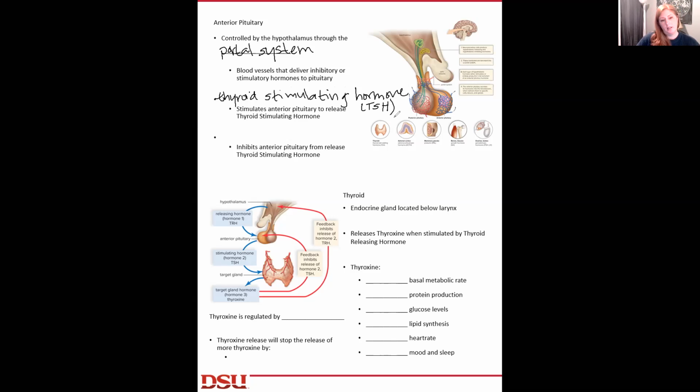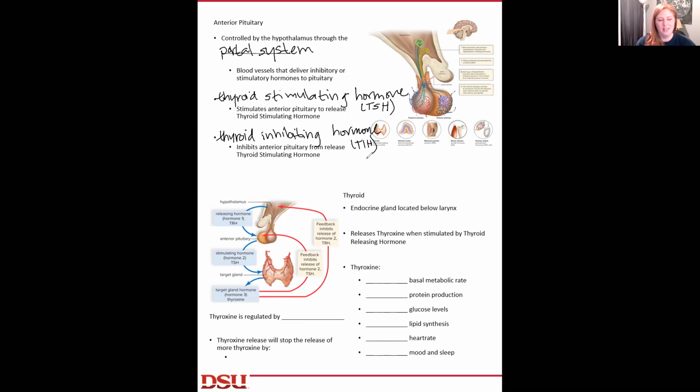So you've got a thyroid stimulating hormone, but you also have a thyroid inhibiting hormone, which does the complete opposite. It keeps the pituitary from sending the signal that the thyroid needs to ramp up its production. So it inhibits the release of thyroid stimulating hormone.